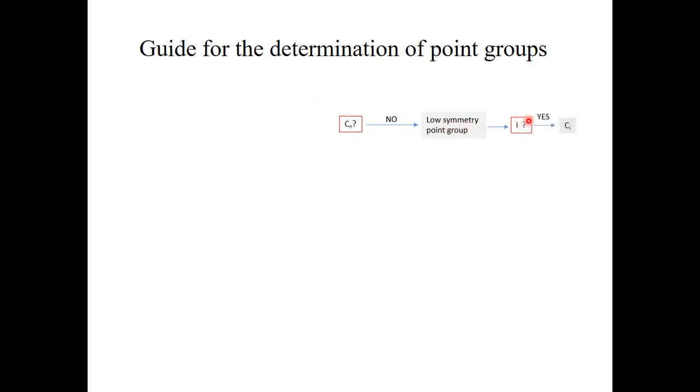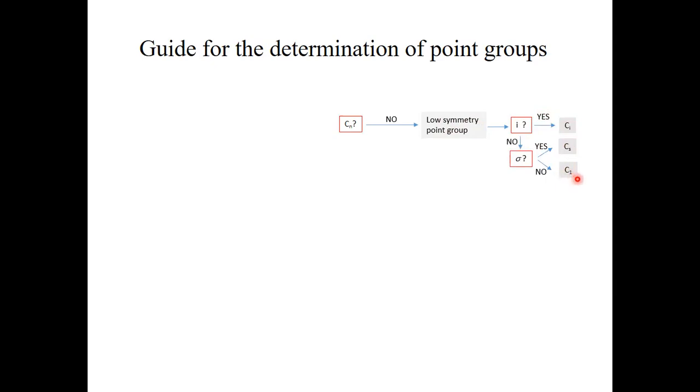If the answer is yes, then the point group is Ci. If the answer is no, we ask the next question, which is, is there a mirror plane present? If the answer is yes, then we know that it's the point group Cs. And if the answer is no, then we know that the point group is C1.